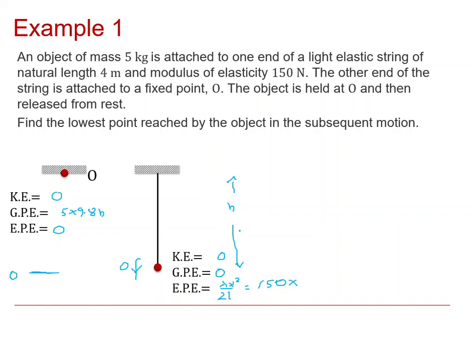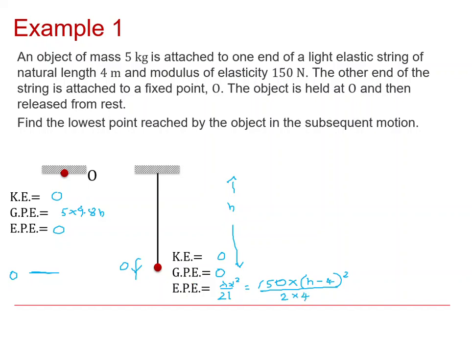Now be careful, the extension is not actually h, it's h minus 4, because the natural length was 4. And that's got to be squared, and we're dividing by twice the natural length, which is twice 4.